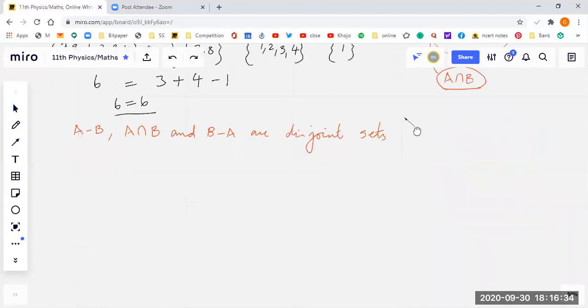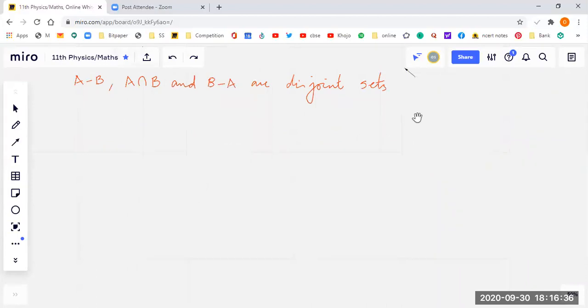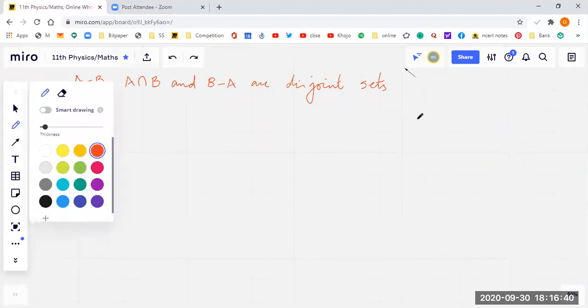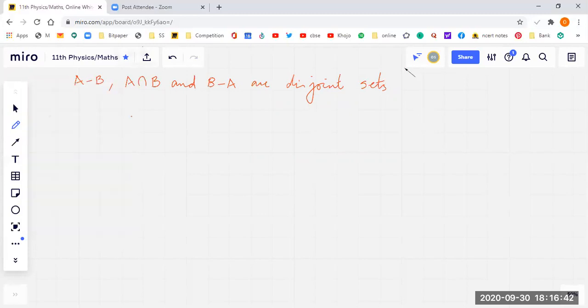So I can define the number of elements in A union B as the sum of the number of elements in A minus B, plus, what was the second set?